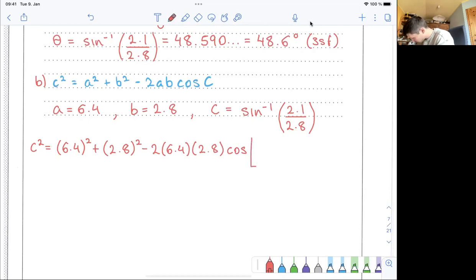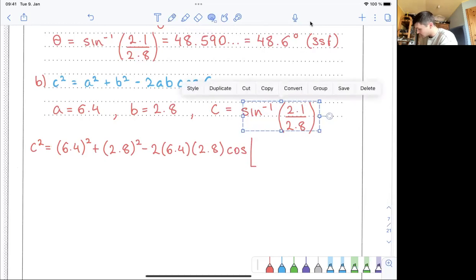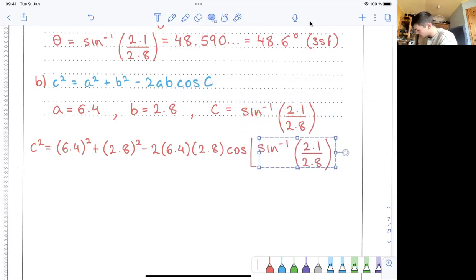So we'll go sine inverse of 2.1 over 2.8. Oh, I've lost the top of my square bracket. And then, there we have it.